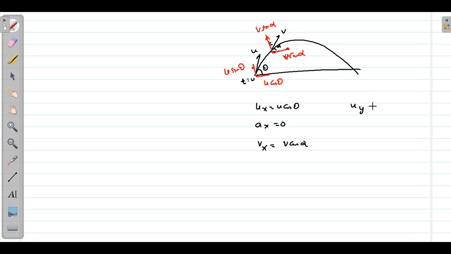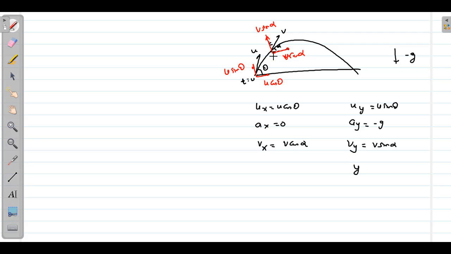Similarly, uy equal to u sin theta, ay equal to minus g because acceleration due to gravity is in downward direction. Vy equal to v sin alpha after the time t, and in this time t, say it covered the distance y.